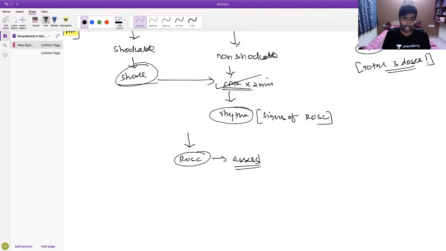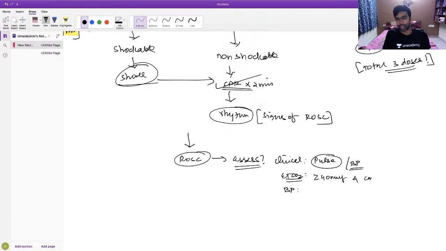Suppose the patient has achieved ROSC, that is return of spontaneous circulation, how do you assess that? It can be clinical, or it can be through ETCO2 as well, or through your blood pressure assessment. As far as the clinical is concerned, you can look for the pulse, you can look for the blood pressure that comes back again, and you can look for the ETCO2 as well, especially if the ETCO2 becomes consistently more than or equal to 40 millimeters of mercury, and it is consistent and persistent.